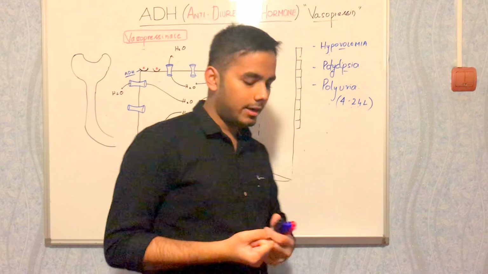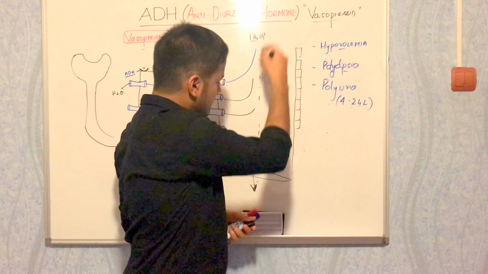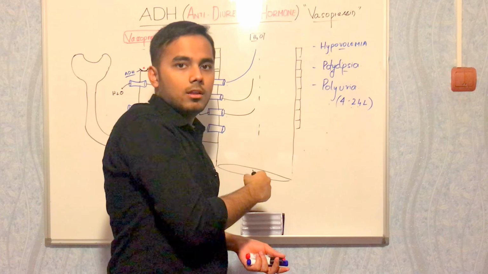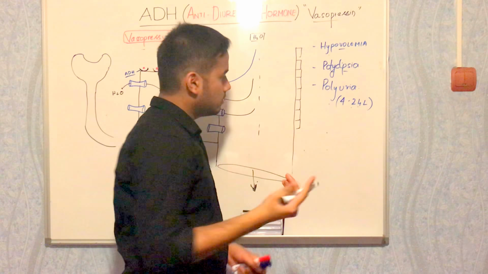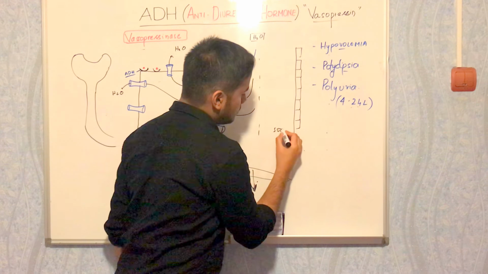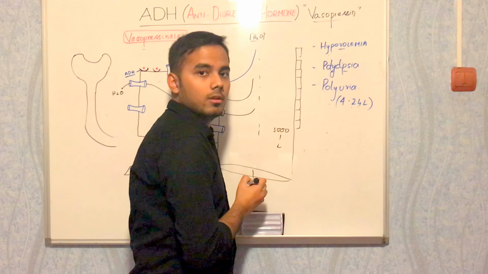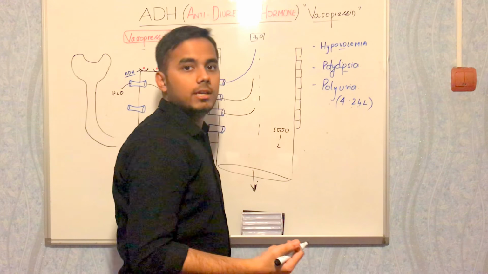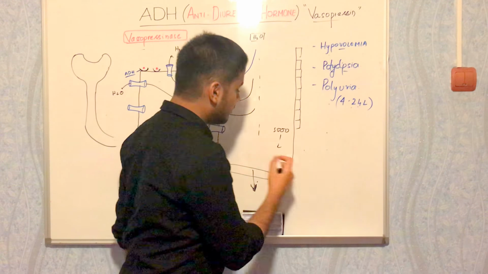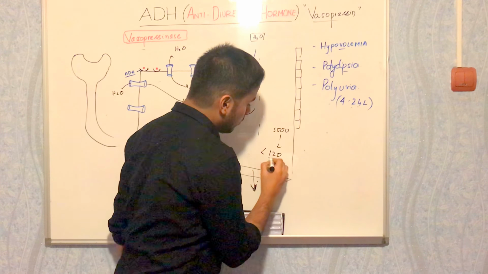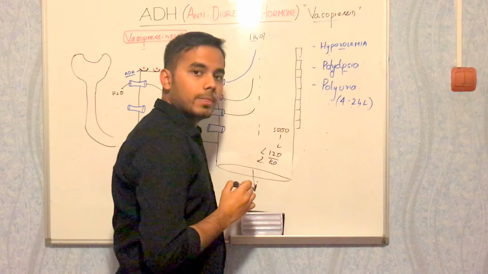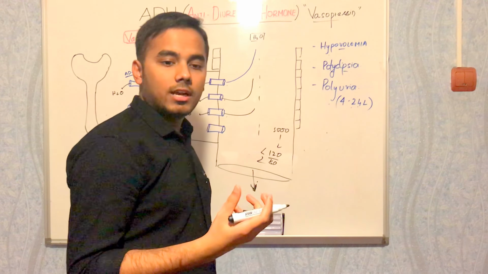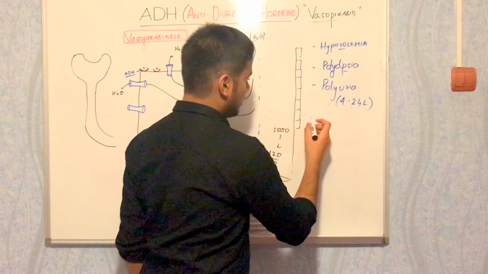There is no logic in that, right? So in the same way, as he is excreting lots and lots of water, the blood volume falls down from 5000, so blood pressure will fall below 120/80. This condition is called hypotension.